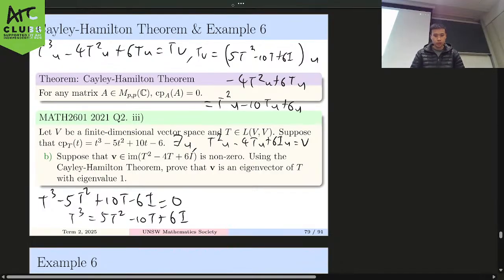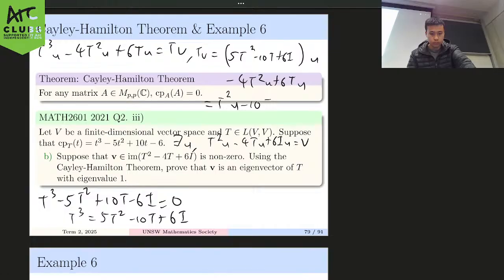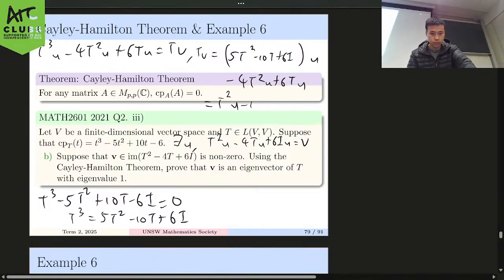Wait, it's minus 10 plus 6. This thing will cancel. But then this thing is 6T of u minus 10T of u, that's equal to minus 4T of u. I thought this thing would remain unchanged, but it's not. So it's 6 minus 10, so it's minus 4T of u.